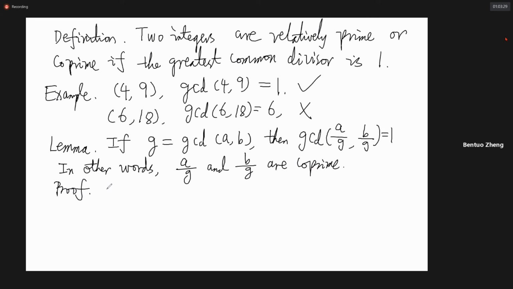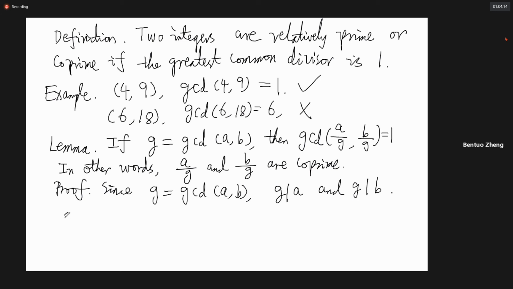Okay, since we know that the greatest common divisor of any two integers is always greater than or equal to 1, we can let K be the greatest common divisor of A over G and B over G, and then we'll show K is equal to 1. But before that, let's make a preparation. Since G is the greatest common divisor of A and B, this implies G divides A and G divides B. The greatest common divisor is a divisor.